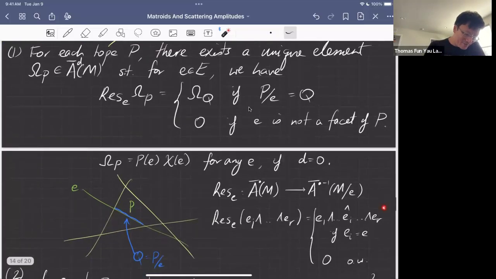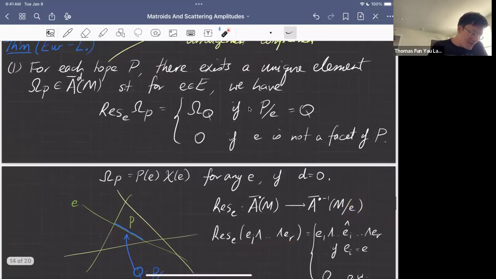I wrote down the definition of this residue, but it's probably too hard to understand like that. It extracts one of the generators. If your wedge contains the particular element that you're taking the residue with, then you just get rid of it, up to sign. If it doesn't contain that element, you just send it to 0. That's what this residue map does.